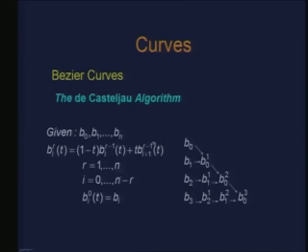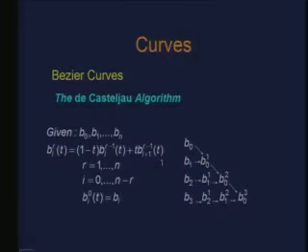So, that is the algorithm I have for any degree of the curve. And given that the first level where I start, these are the points of the Bezier polygon itself.